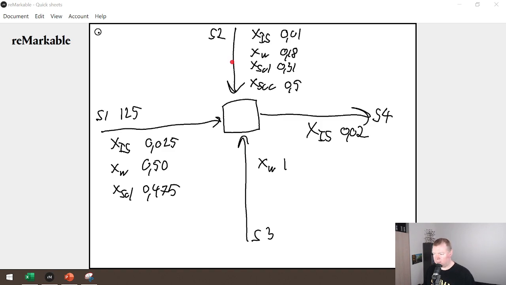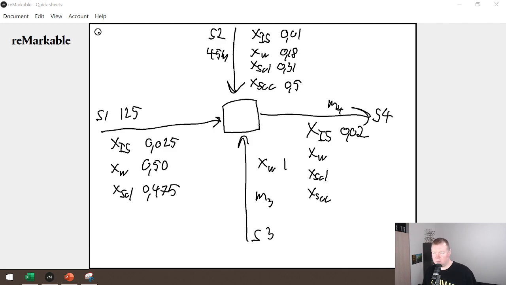For my molasses, I feed in 45 kilograms. And down here, I have my mass 3 that I have no idea about. And then I have my mass 4 over here. We'll have some water, some solids, and some sucrose.